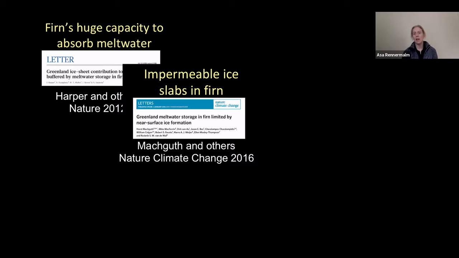And instead, all this meltwater that Harper and others calculated could be soaked up in this porous firn would instead form surface runoff, flow into channels and swamp zones and eventually reach the ocean and increase the mass loss from the Greenland ice sheet. So essentially these ice slabs would turn off this capability of firn to soak up this meltwater.